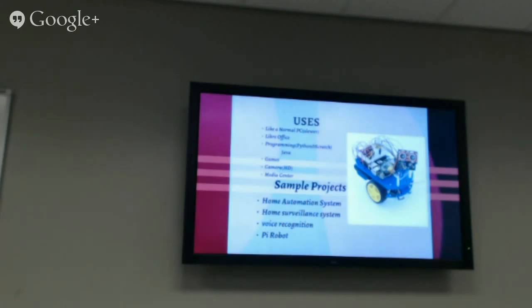So there's the home automation system. For example, I saw a video online where they used it to control the garage, to open the garage, to turn the lights at home off and on, to reduce the air conditioning and stuff like that. And a home surveillance system, for videos, to control your little cameras at home to check what is going on in your house.